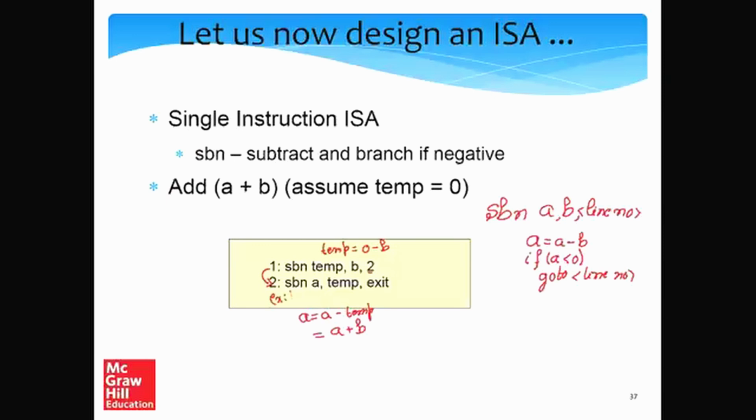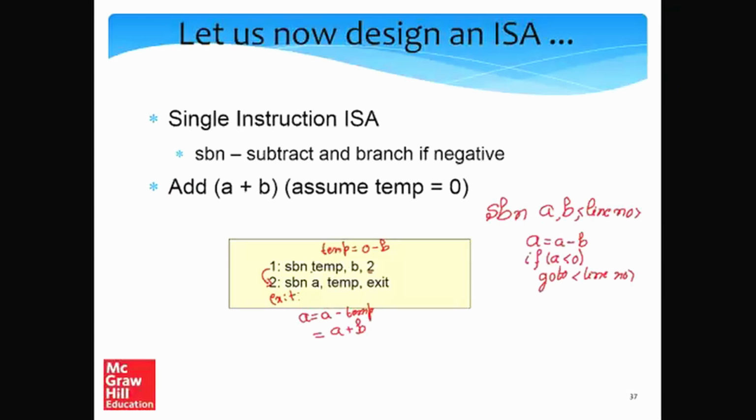In both cases, irrespective of the result being positive or negative, we just leave the program. The very surprising thing, which also can be proven, is that this simple instruction can be used to implement all kinds of programs.